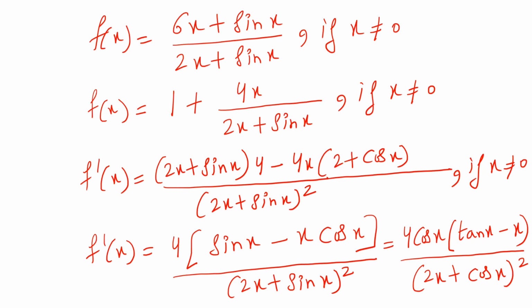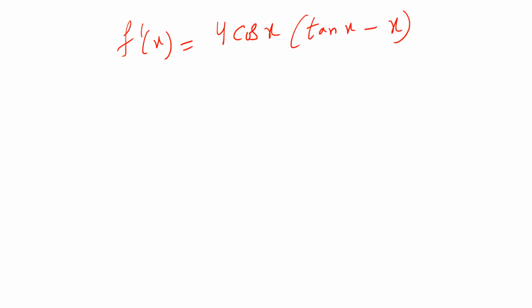Now students, we move further. Now students, we have got f dash x equal to 4 cos x into inside the bracket tan x minus x, divided upon (2x plus sin x) whole square.